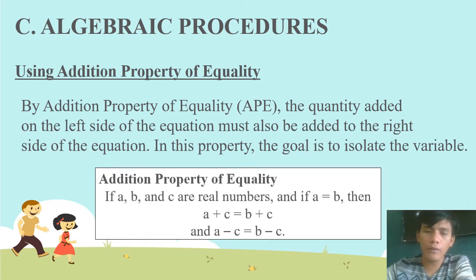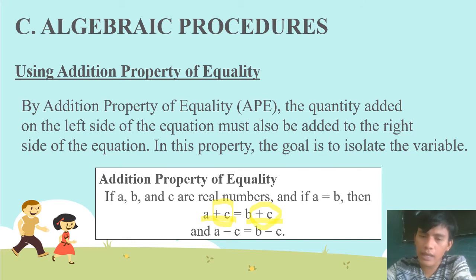Addition property of equality: if a, b, and c are real numbers, and if a is equal to b, then a plus c is equal to b plus c. So there's an additional plus c.